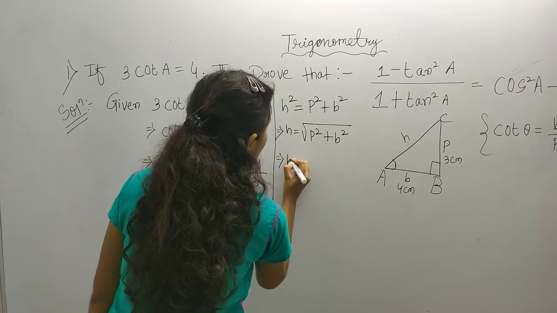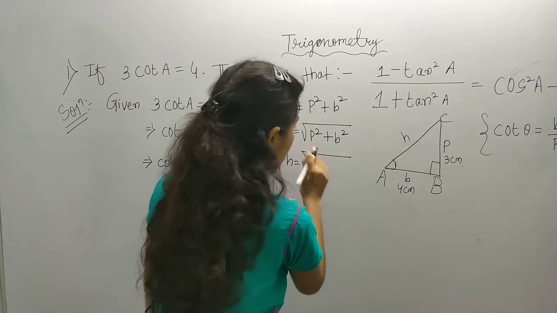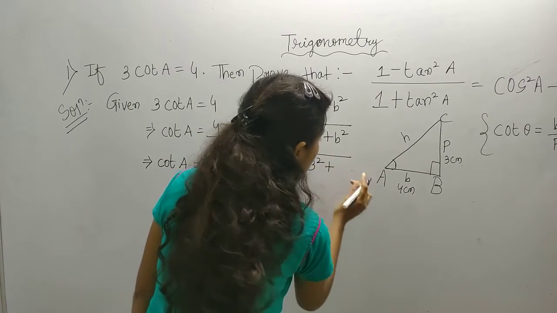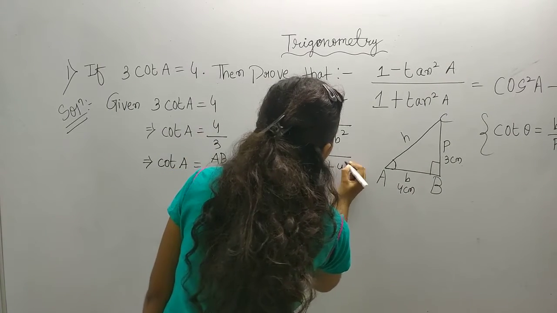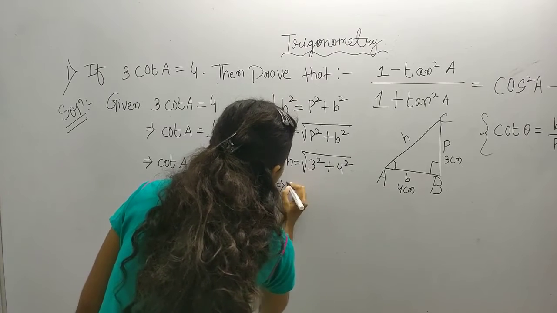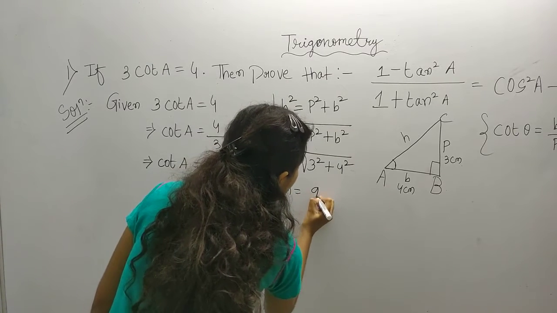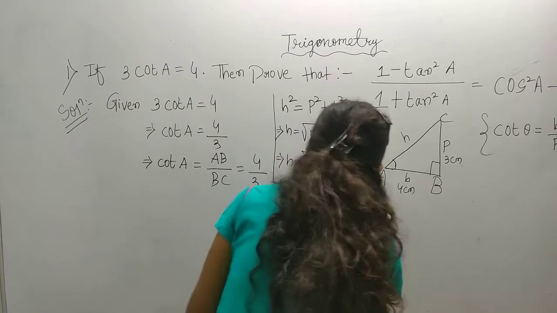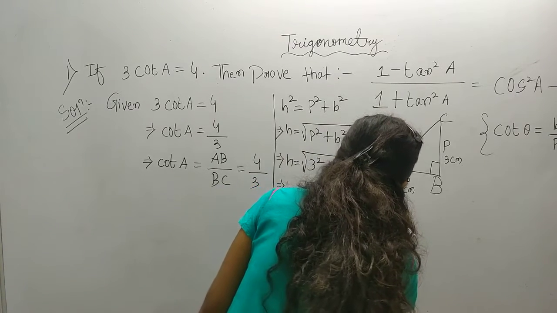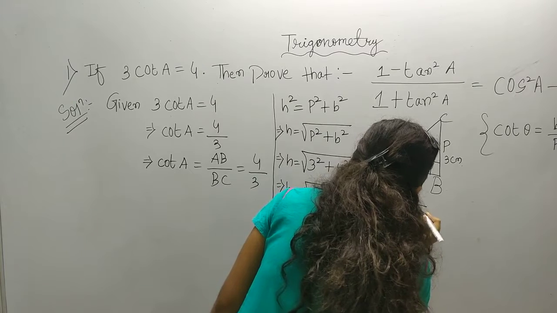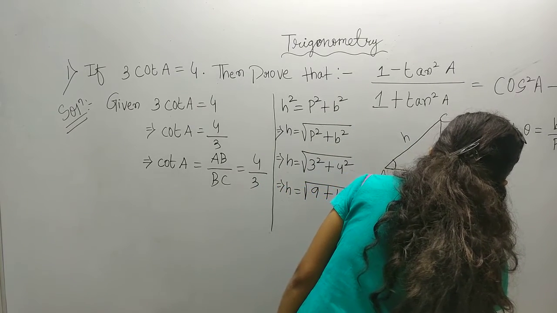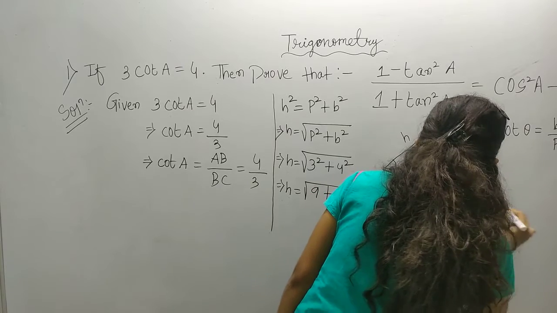That implies h equals to root over, what is p? 3. So 3 square plus b means 4, 4 square. That implies h equals to root of 9 plus 16. That implies h equals to root 25. So that implies h equals to 5 cm.